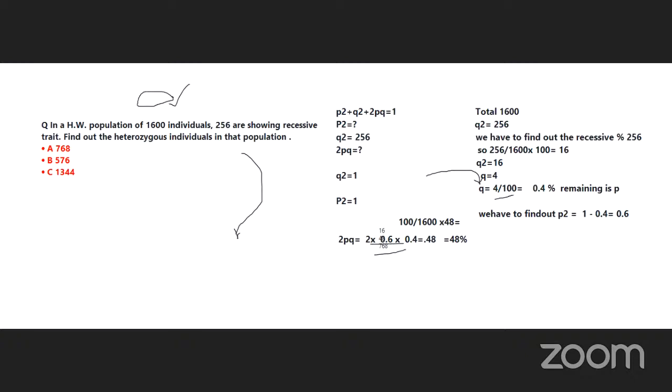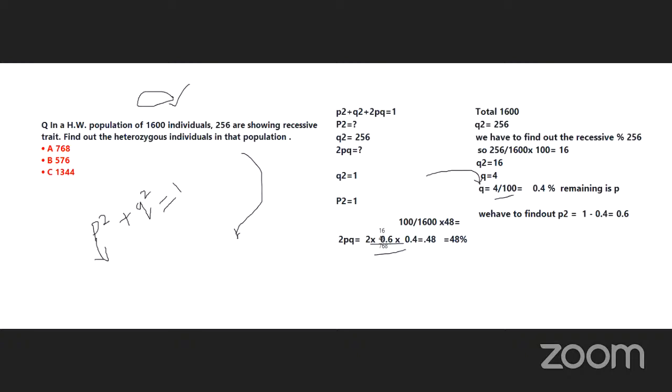See, p squared plus q squared plus 2pq is equal to 1. p squared is the dominant, q squared is called recessive, and 2pq is heterozygous.